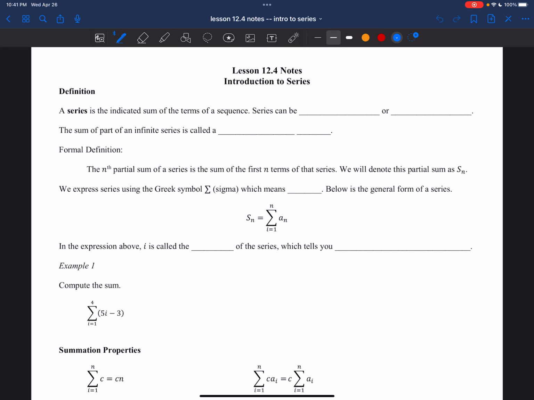And just so you know, series is a major topic in calculus. I mean major. Especially if you take BC Calc, that second semester, towards the end, is notorious for something called power series.